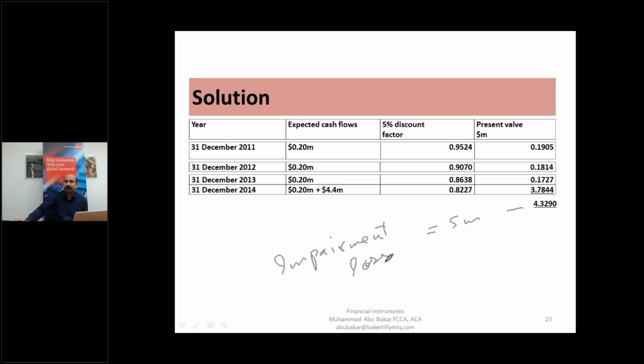The old approach basically depends on the trigger, on the indication of impairment, and the incurred credit losses model.